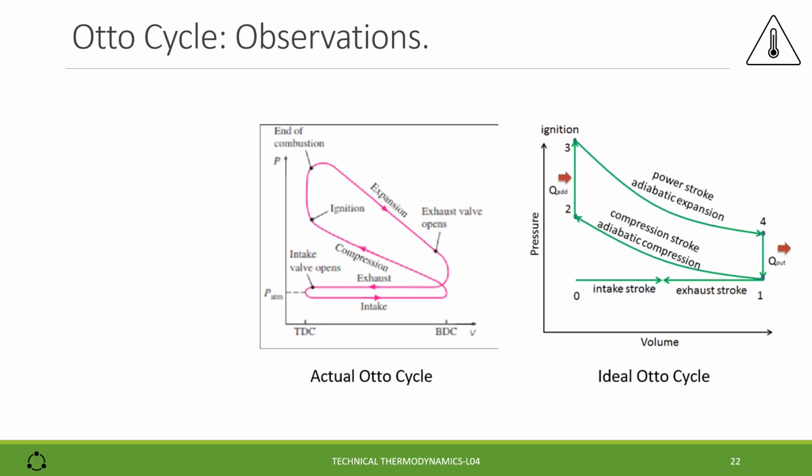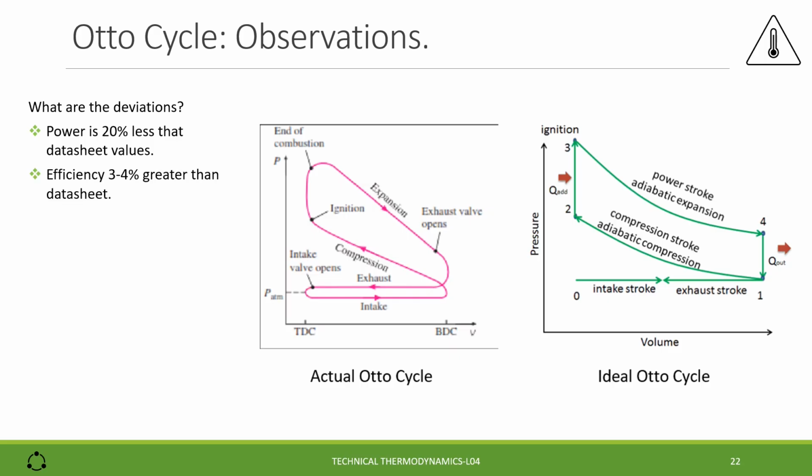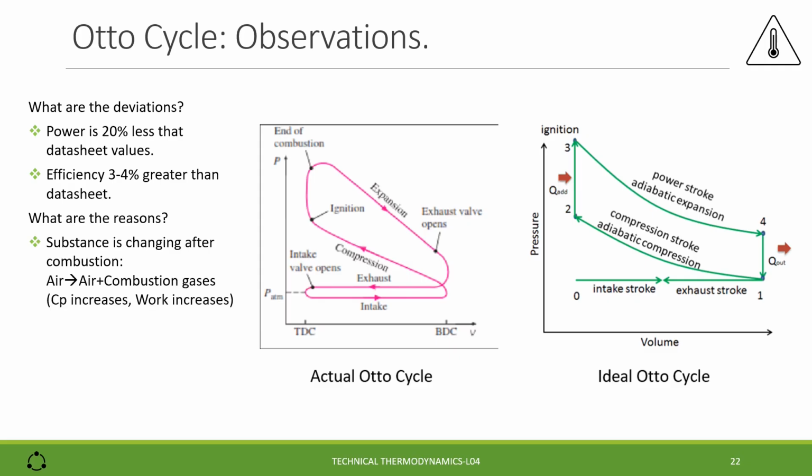Some observations. We observe there are deviations between the theoretical and the real data. In particular, the power is 20% less than the datasheet value and the efficiency is 3 to 4% greater. What can be the reasons behind this? First of all, the substance is changing after the combustion.